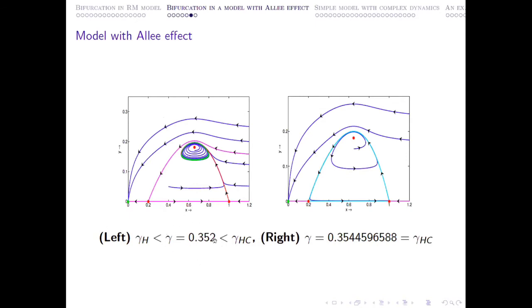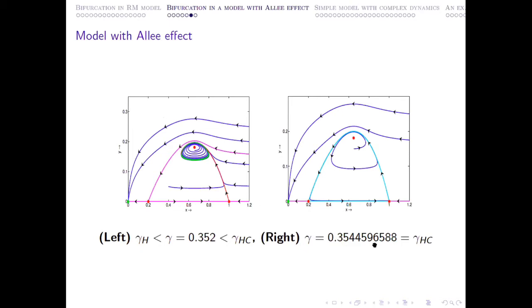Then once you have your bifurcation parameter value between the Hopf and homoclinic bifurcations, you can see this coexistence equilibrium point is unstable, but surrounded by a stable limit cycle, which is a green closed curve.